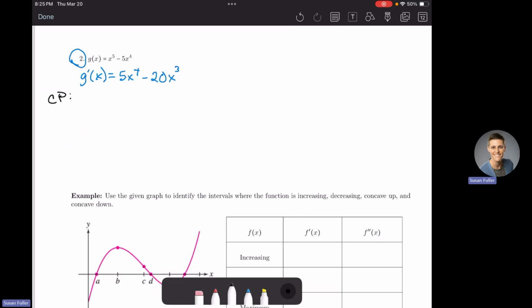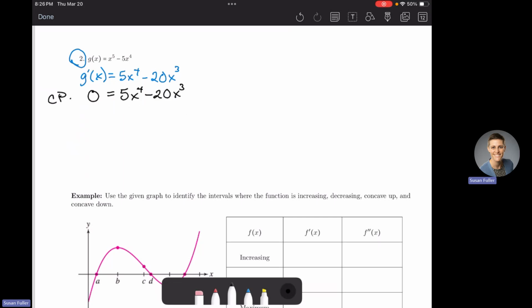So to find your critical points, you are going to figure out where your first derivative is equal to 0 or does not exist. I'm kind of skipping the DNE part because a polynomial here, this 5x to the fourth minus 20x to the third, will always exist. So I'm going to skip over the DNE part. We just need to figure out where this equals 0.